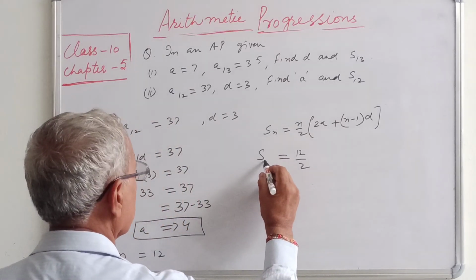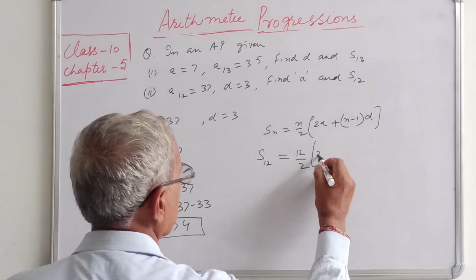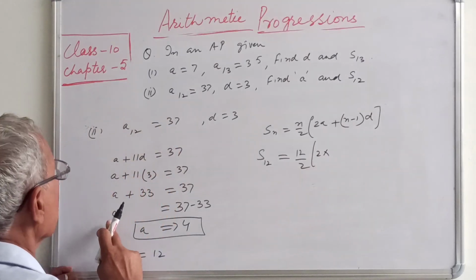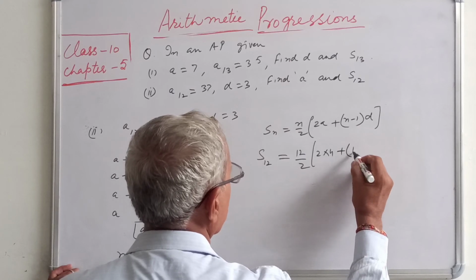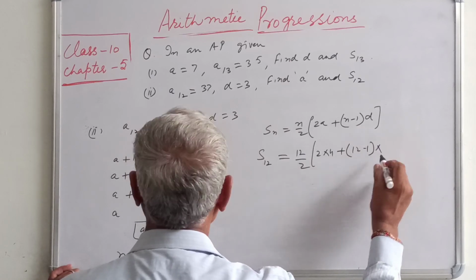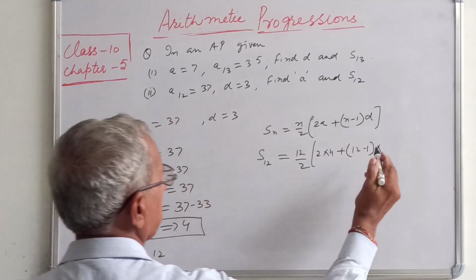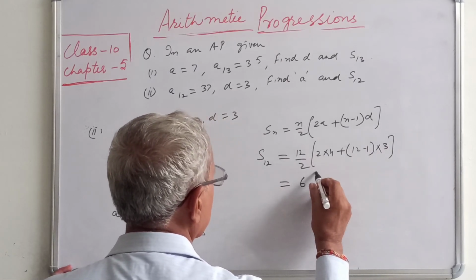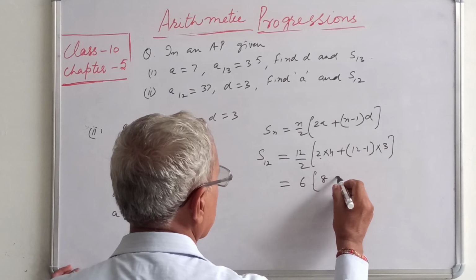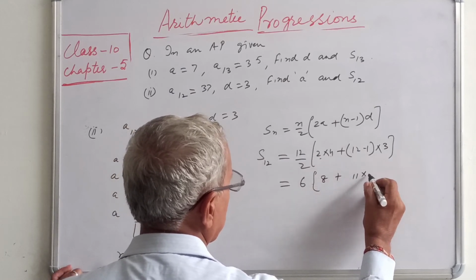So S12 is 12/2, the value of A is 4, n is 12 minus 1, the value of D is given as 3. Cutting, this becomes 6. 2 into 4 is 8, 11 multiply by 3.